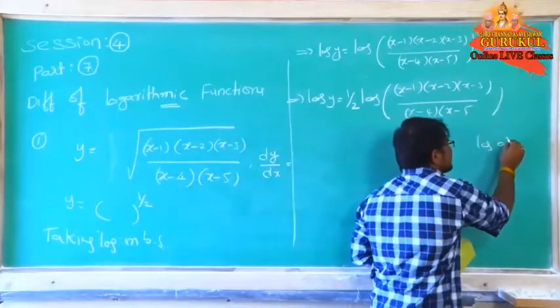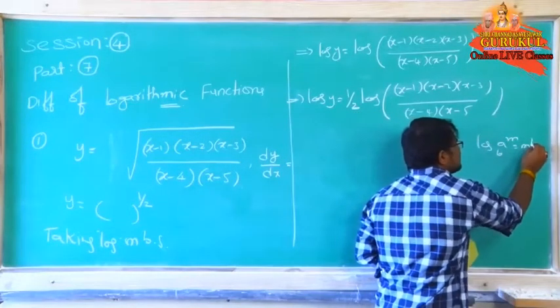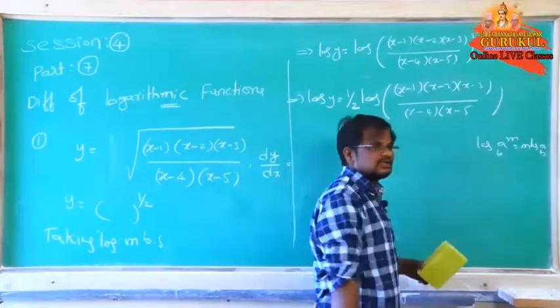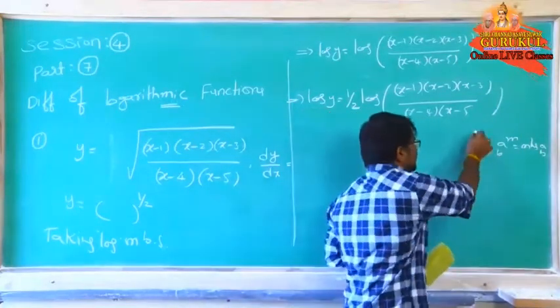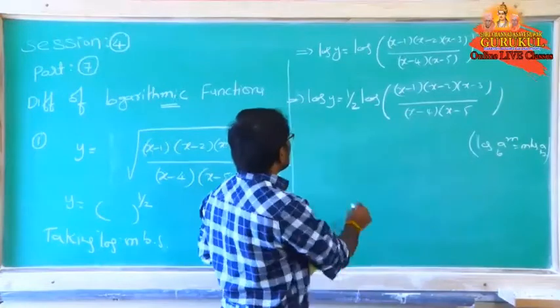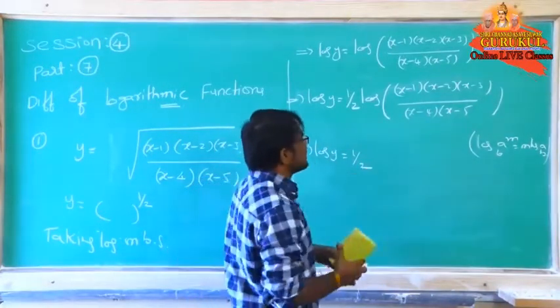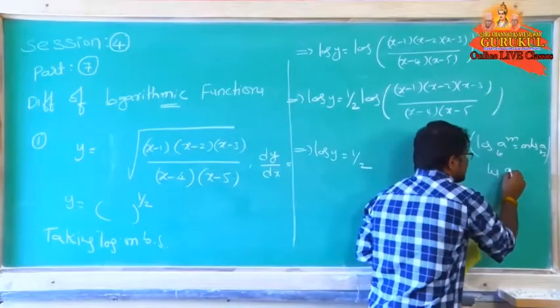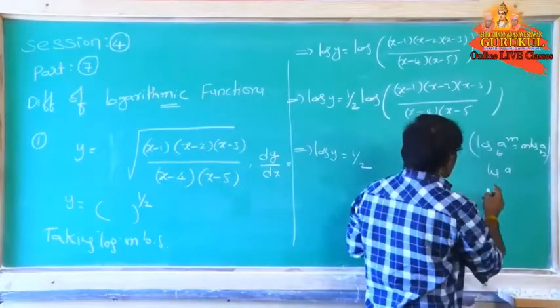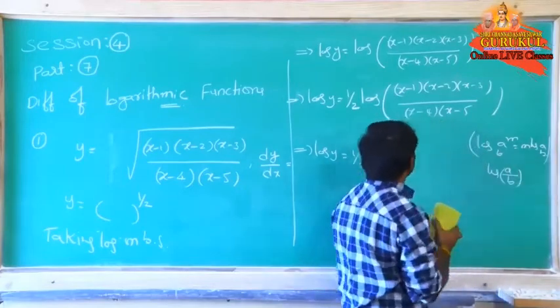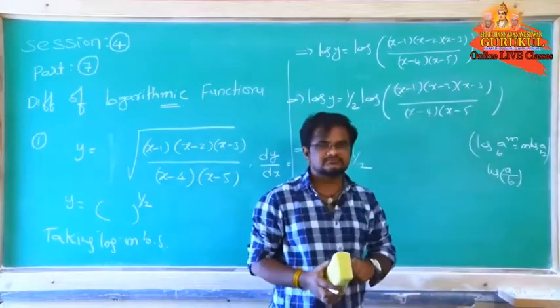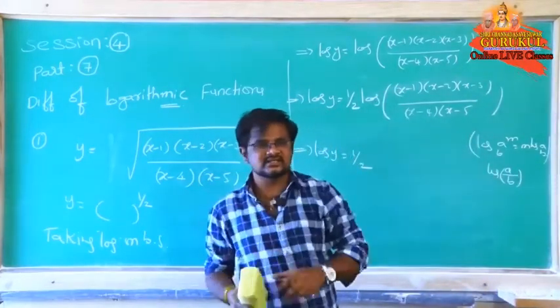Log of a power m to the base b equal to m into log a to the base b, right? This formula you applied. Now after that what we have to do? Log y equal to 1 by 2. Again we have the formula, log a by b. It is in the form of log of a by b. Log a minus log b.